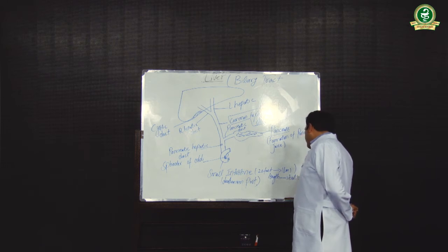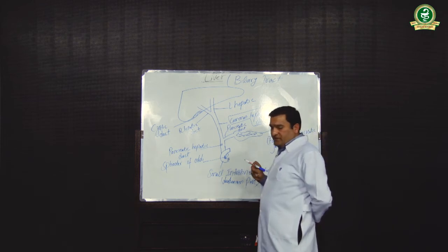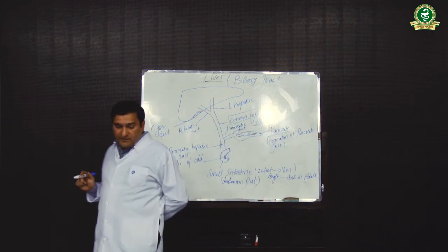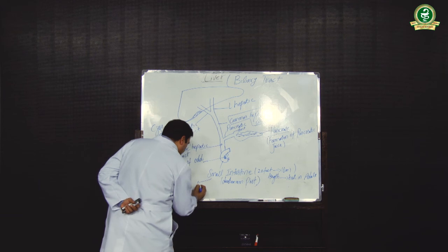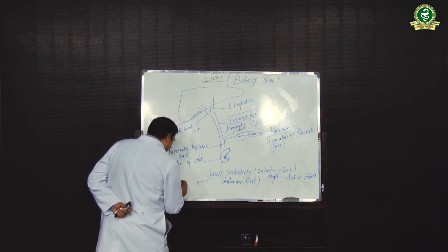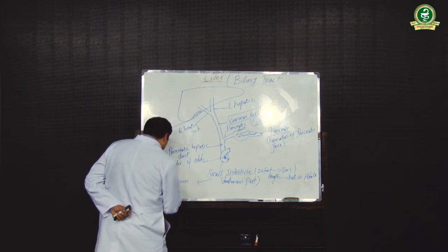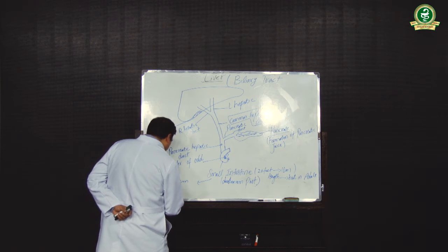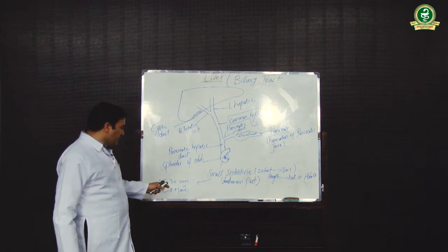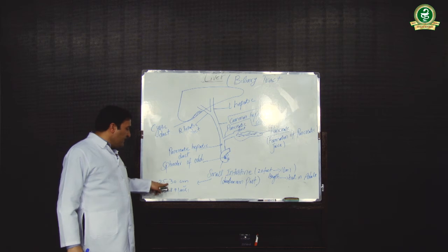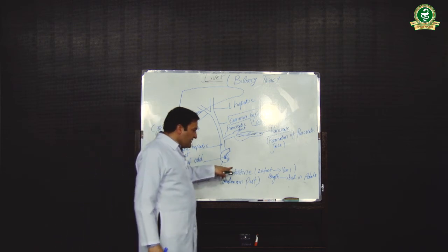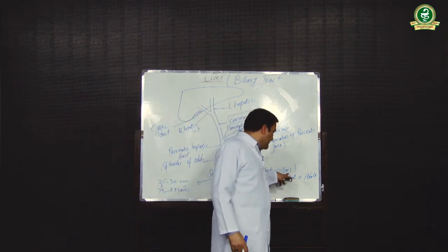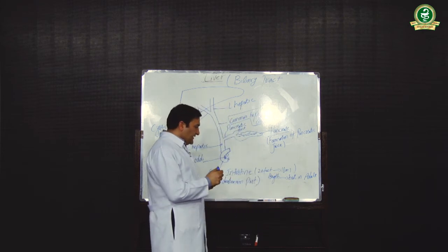But in adults, the part where the digestion process occurs in the small intestine is 25 to 30 centimeters, which means about 7.9 to 8.9 inches. Its actual length is 20 feet, meaning 6 meters.